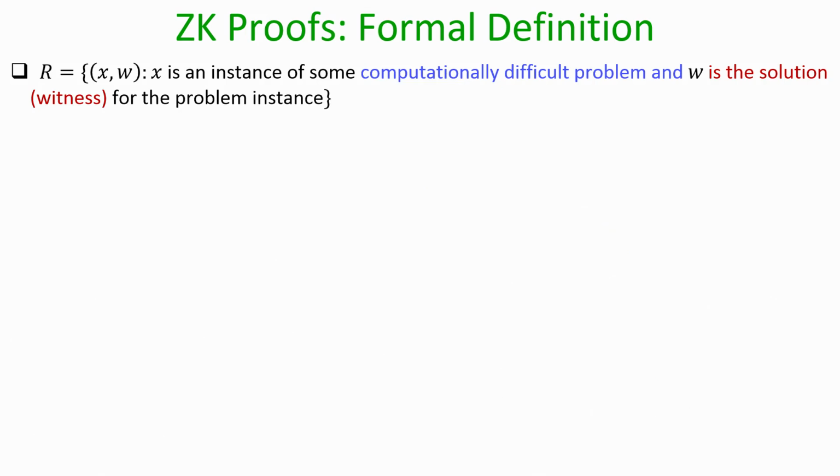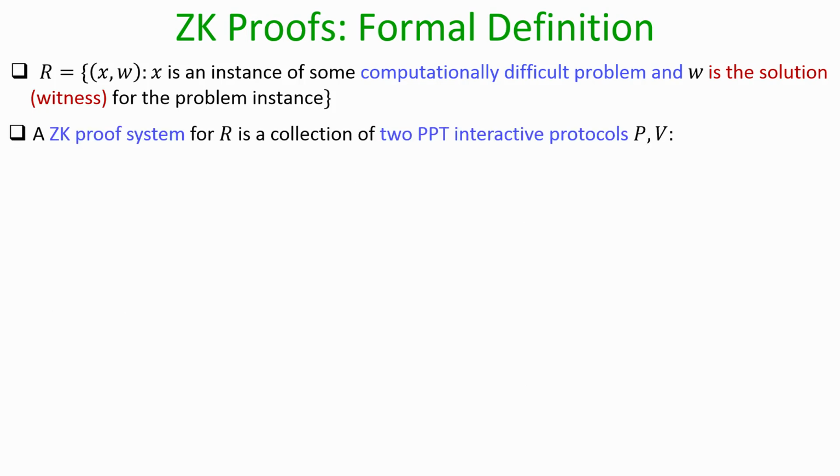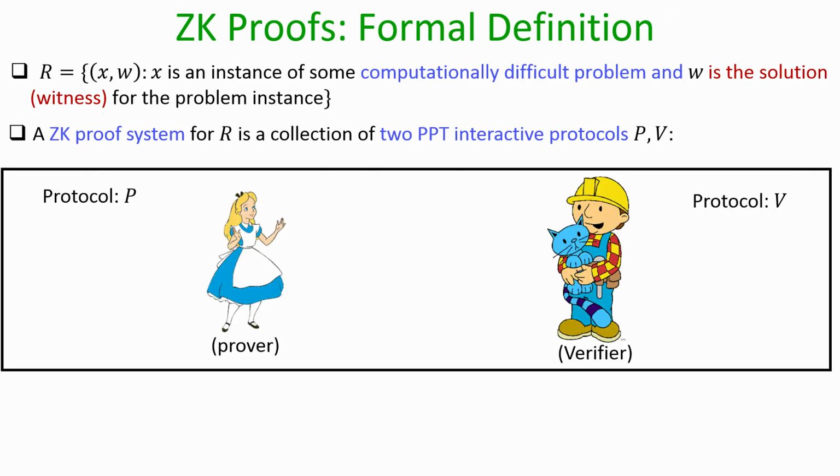Now, let us go into the formal definition of zero knowledge proofs. We are given some publicly known relation R which will have elements of the form x comma w, where x is an instance of some computationally difficult problem and w is the solution or the witness for that instance. Then a zero knowledge proof system for the relation R consists of two polytime randomized algorithms, one for the prover and one for the verifier.